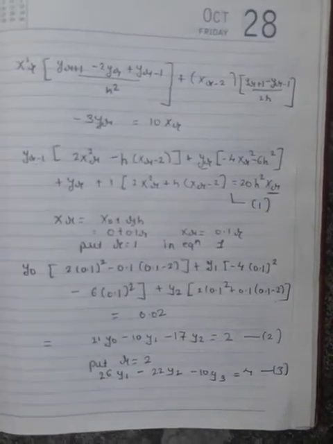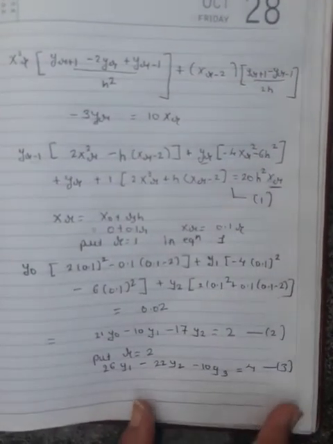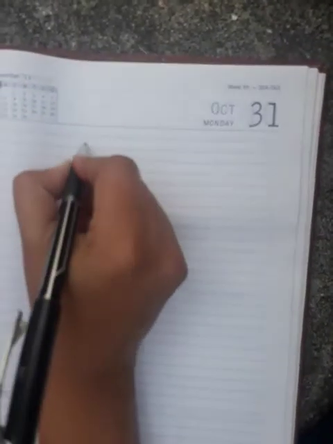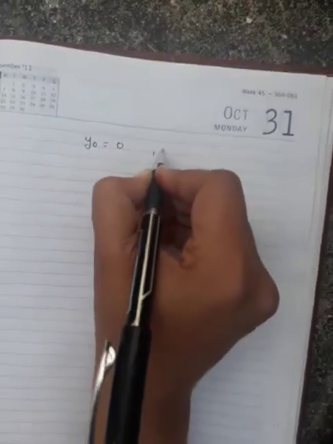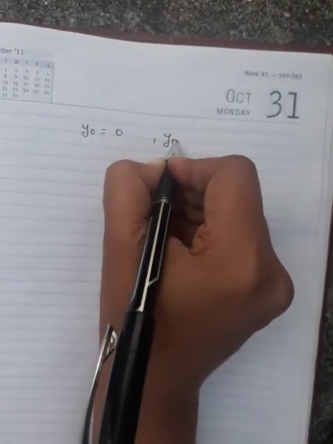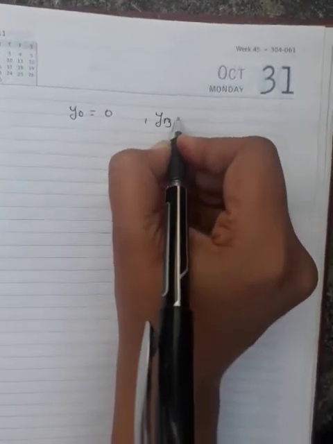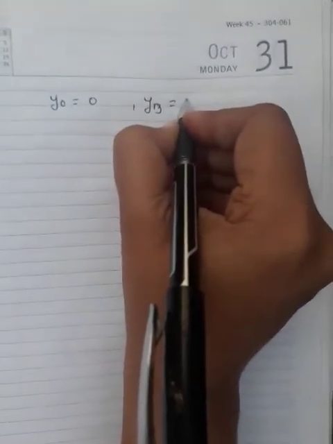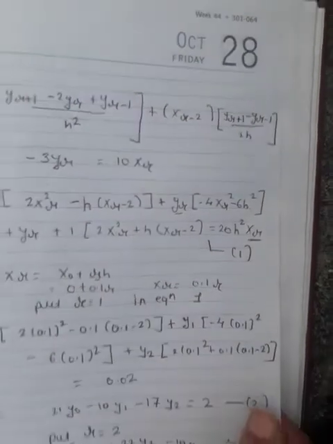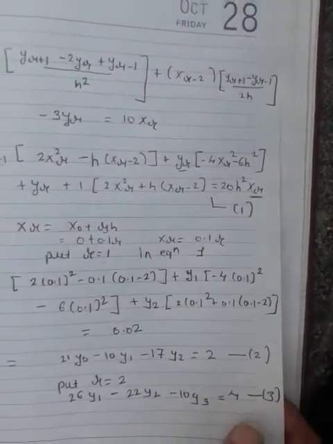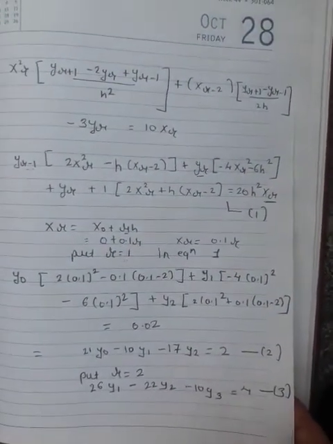So these are the two equations you have got. After that, we have the values of y0 and yn. So y0 is equal to 0 and yn is our last, up to y3, so the value of y3 is 10. In equation number 2 and 3, you have to put the values of y0 and y3.